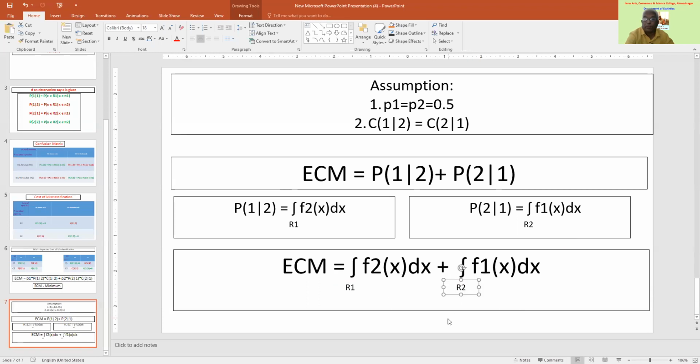Okay. See the problem here. Integration of F2 on R1, integration of F1 on R2. So solving this is a little bit difficult.